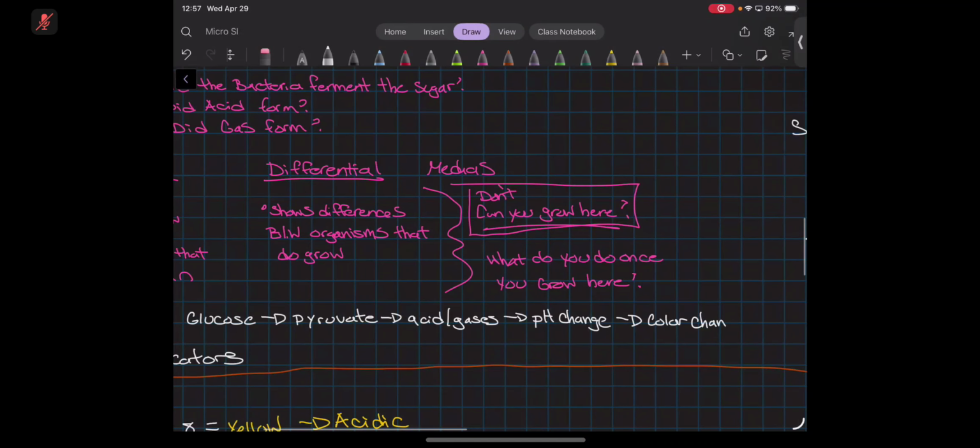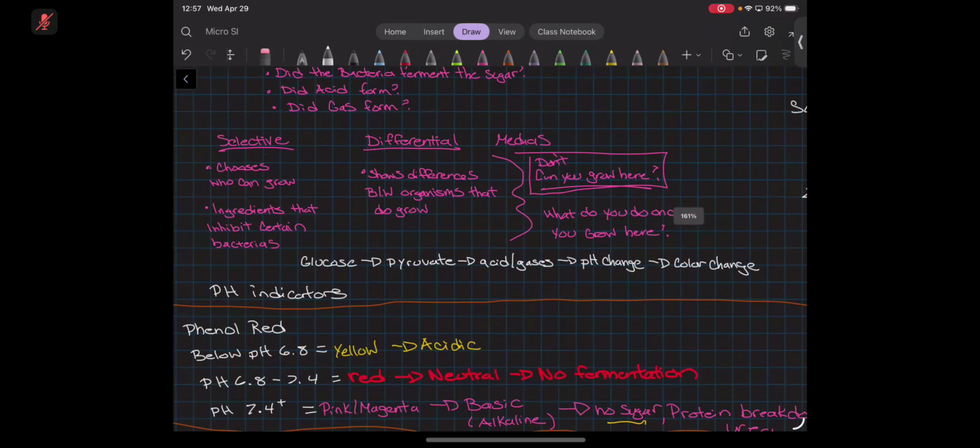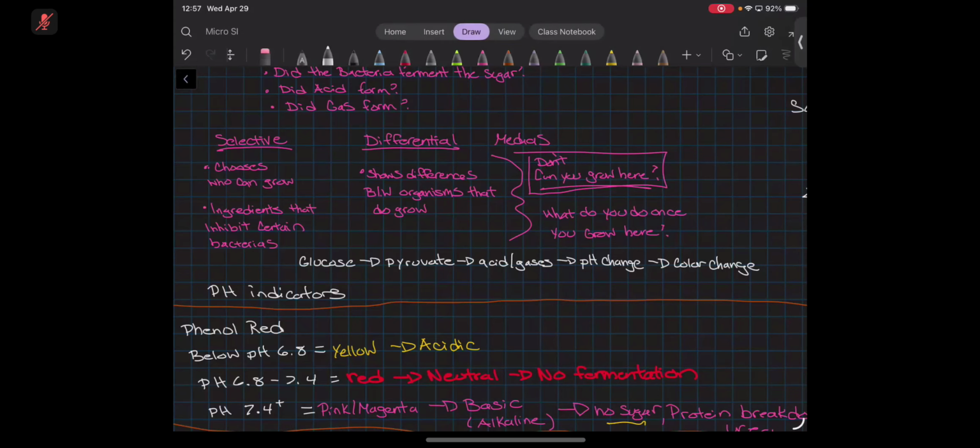She might ask what's the process of how you get a different color. That's how it occurs. I'm not gonna go through the whole glycolysis. You went over that in chapter 3 and chapter 4, so if you're confused, go back to those chapters.